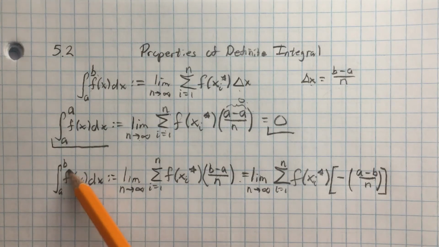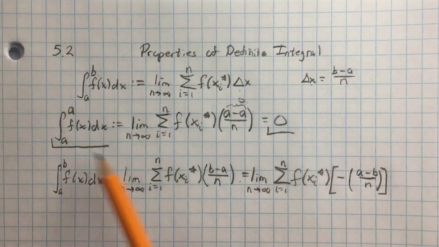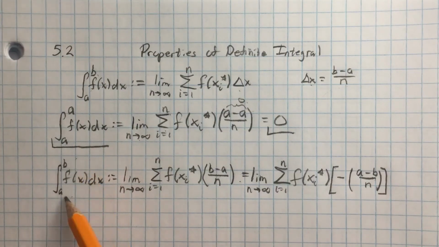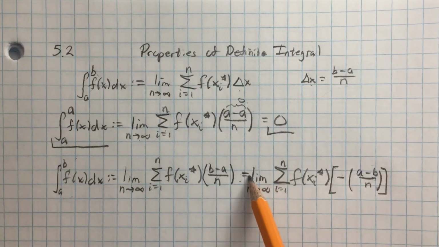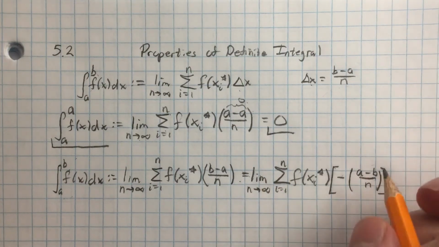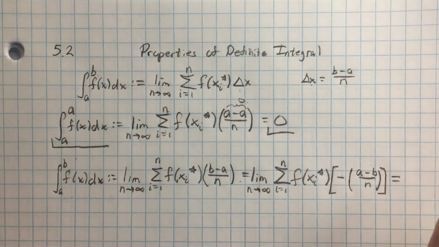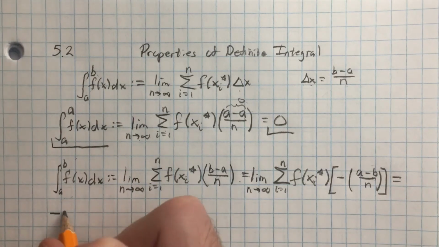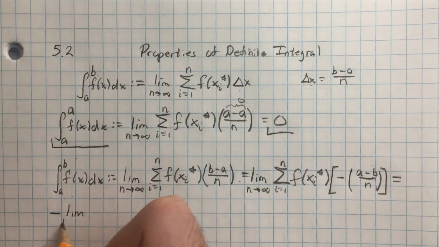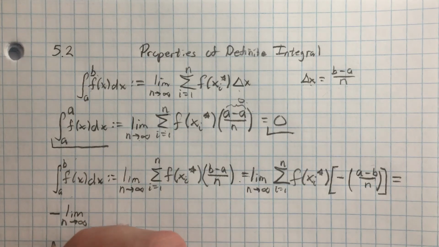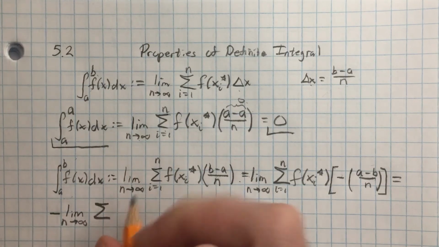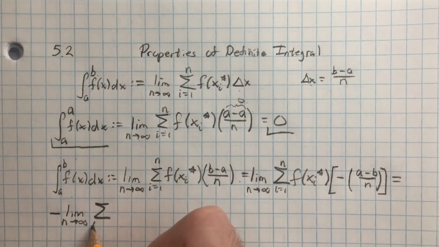Instead of traveling from a to b conceptually, from left to right, if a was a smaller value, now you're going from b to a. So you take the negative out to the outside of the whole limit and the summation, because that's a property of limits and summations. You can always do that. So the limit moves to the outside, and the rest remains the same, except for this a minus b change.